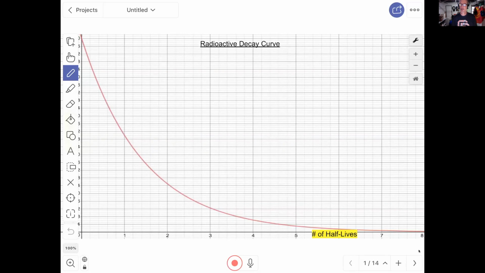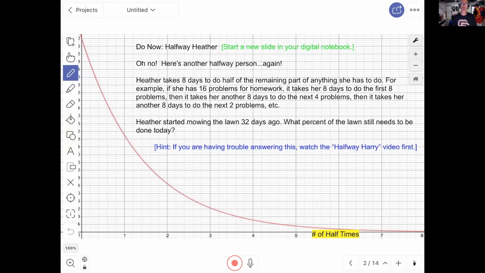And now we're going to get right into it with Halfway Heather. Halfway Heather takes 8 days to do half of whatever she has left to do.